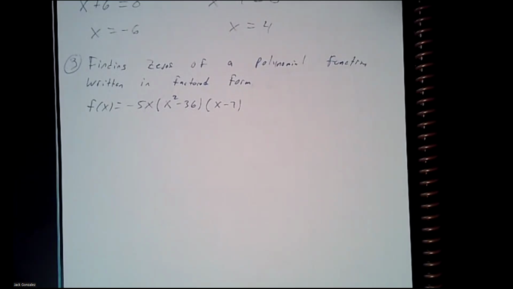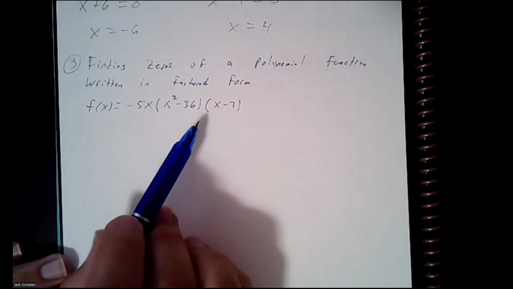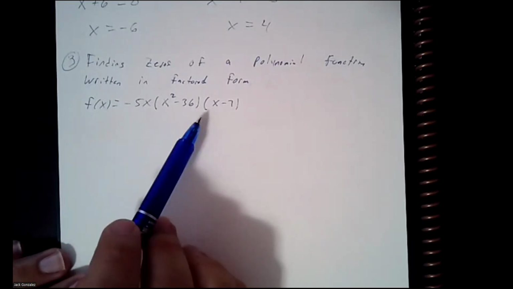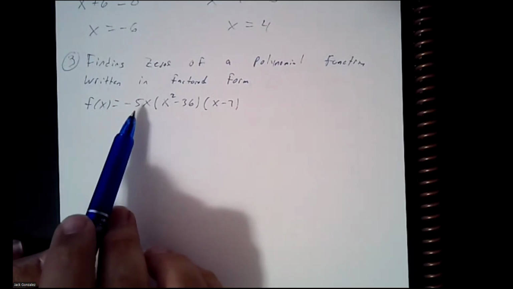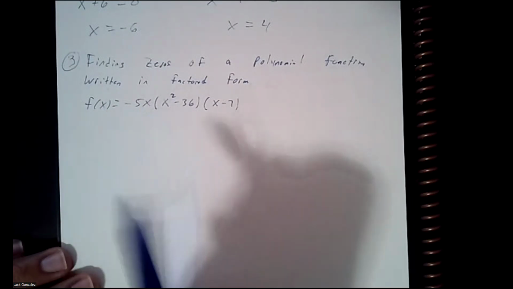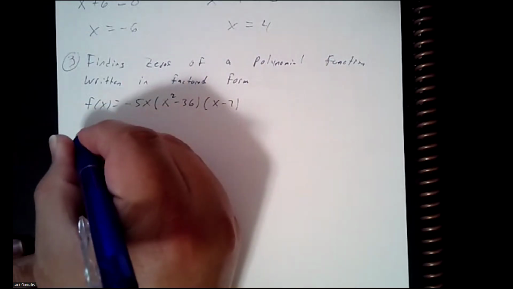So here's an example of a higher degree polynomial. Since it's factored, we don't have to worry about using special techniques. We can just use the zero factor property. So basically, set this to zero, right?